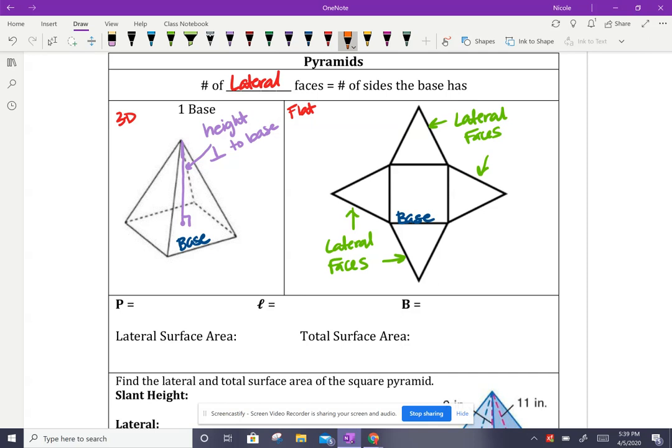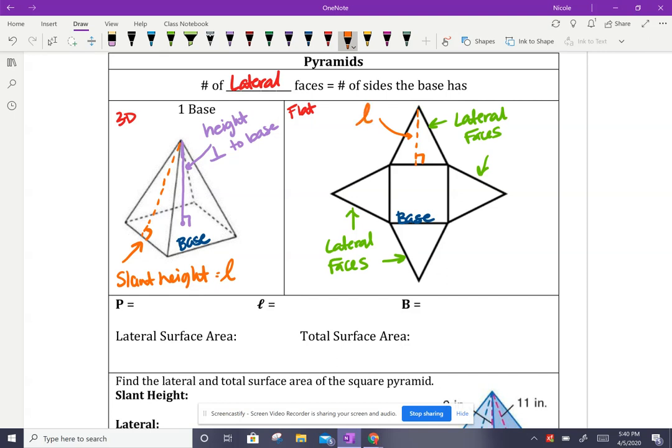The slant height is the length from the tip top of your pyramid down the side of one of your lateral faces and connecting at a right angle at the bottom. This is your slant height, which we refer to as a lowercase cursive L. So if you're looking at a lateral face, that cursive L is going to be down one of the sides of your lateral faces.